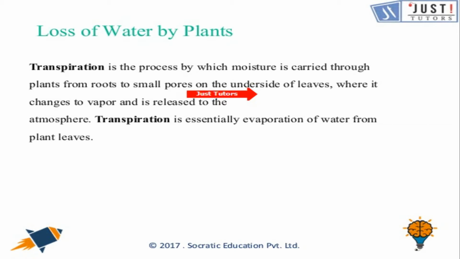All the moisture is carried through the plants from the roots to the underside of the leaf, where it changes to vapor, and then it is released to the atmosphere.